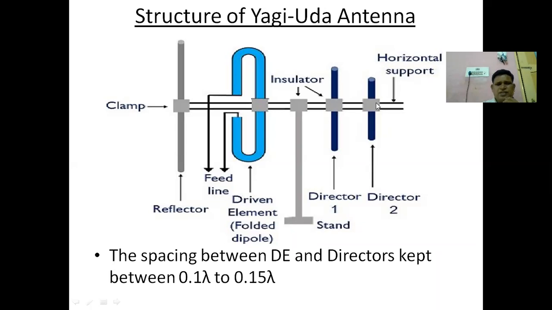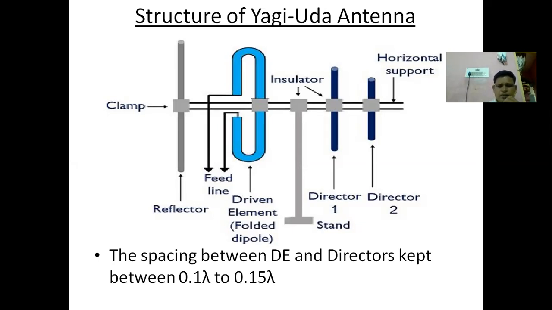By using these directors we can minimize the side lobes, meaning we can minimize the power in the side lobes. This is the stand, which is placed on the ground. The spacing between the driving element and directors is kept between 0.1 lambda to 0.15 lambda. That is the design constraint.